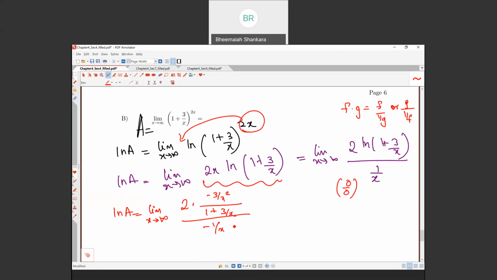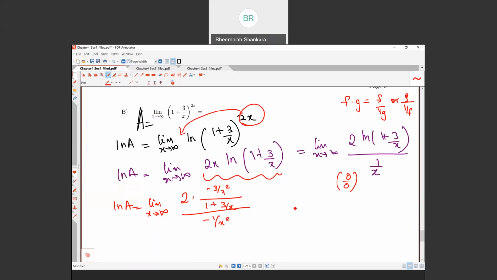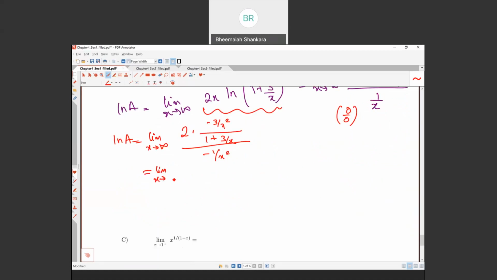Now you can evaluate the limit. Limit x approaching infinity. Simplify the numerator, -6 divided by x squared. Denominator will be 1 plus 3 over x times -x squared. Simplify a little bit, you can write limit x approaching infinity, -6 divided by 1 plus 3 over x.